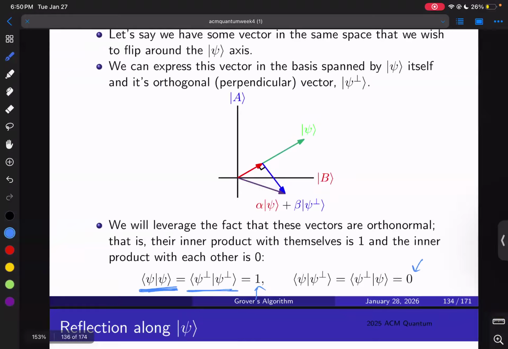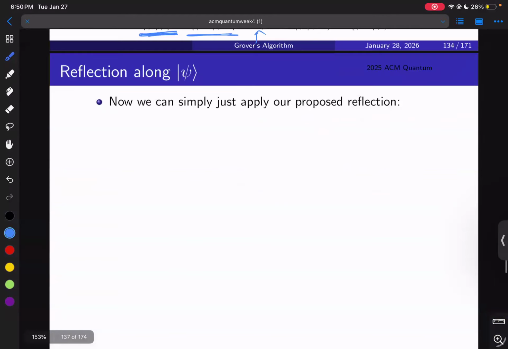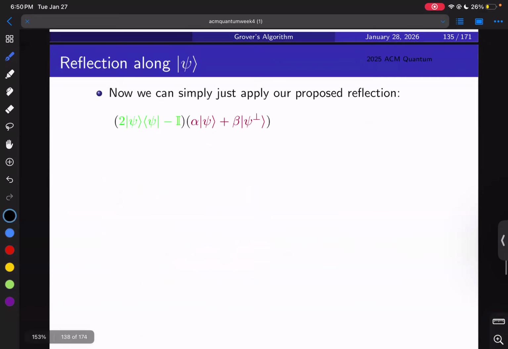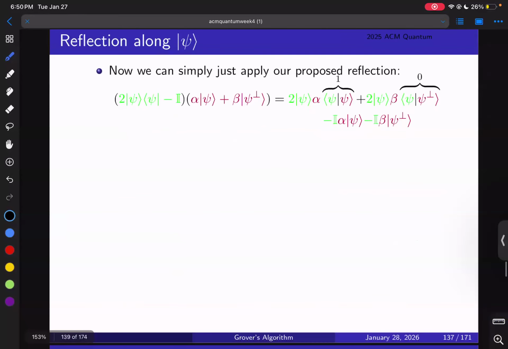Let's just take that for granted and show this. Let's just apply a proposed reflection on the state in that basis and let's just see what it does. So here's our proposed reflection, and here's our state in the psi and psi perp basis. So we can just distribute it a bit. This first term will be this right here.